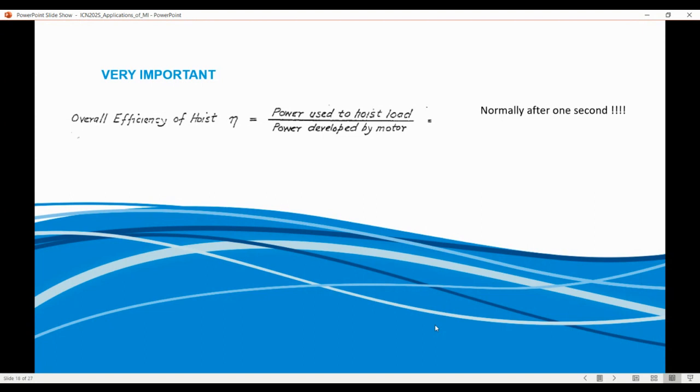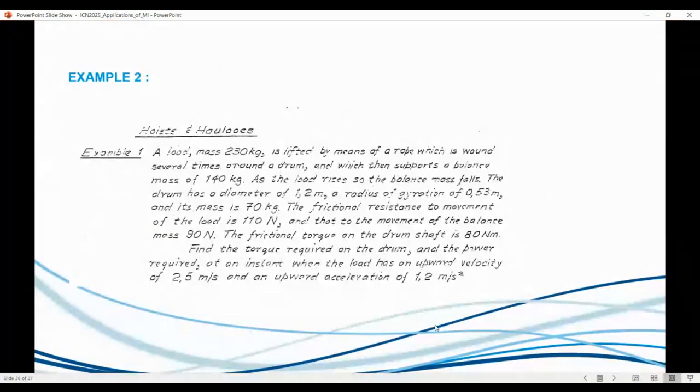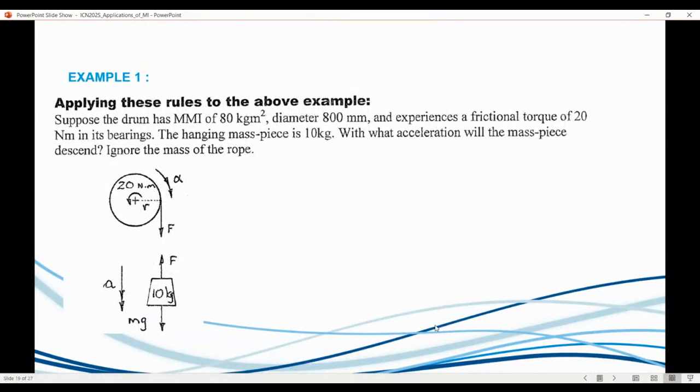So we can look at the hoist, and if there are particular elements which are not that efficient, you can adjust the mass moments of inertia of those elements and increase the efficiency of the hoist, to see how efficiently the power from the motor is being transferred. So what I'm going to do now is 2 basic examples of applying this.